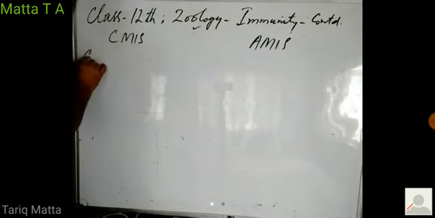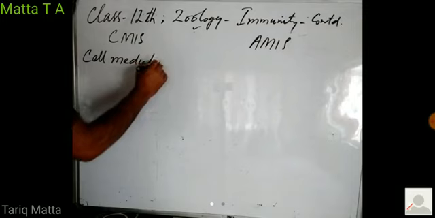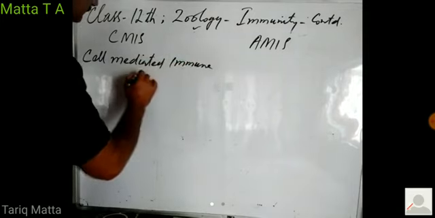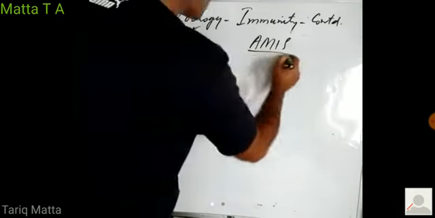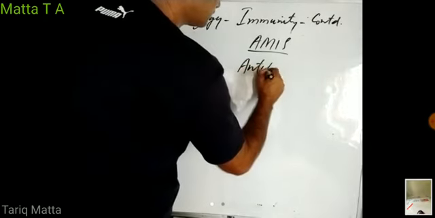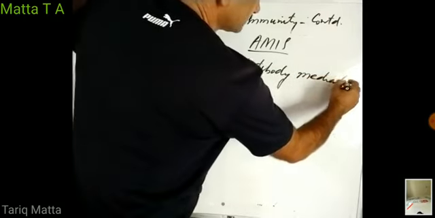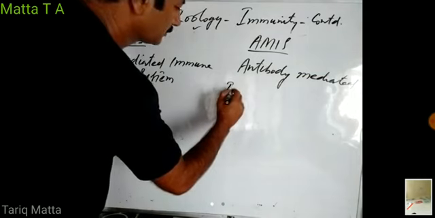CMIS stands for cell mediated immune system, and AMIS stands for antibody mediated immune system.